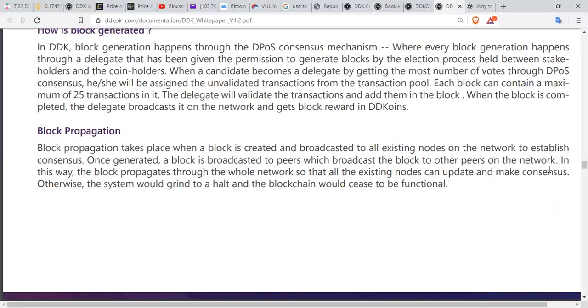Once generated, a block is broadcasted to peers which broadcast the block to other peers on the network. In this way, the block propagates through the whole network so that all the existing nodes can update and make consensus. Otherwise, the system would grind to a halt and the blockchain would cease to be functional. So, ganun kaganda itong blockchain.